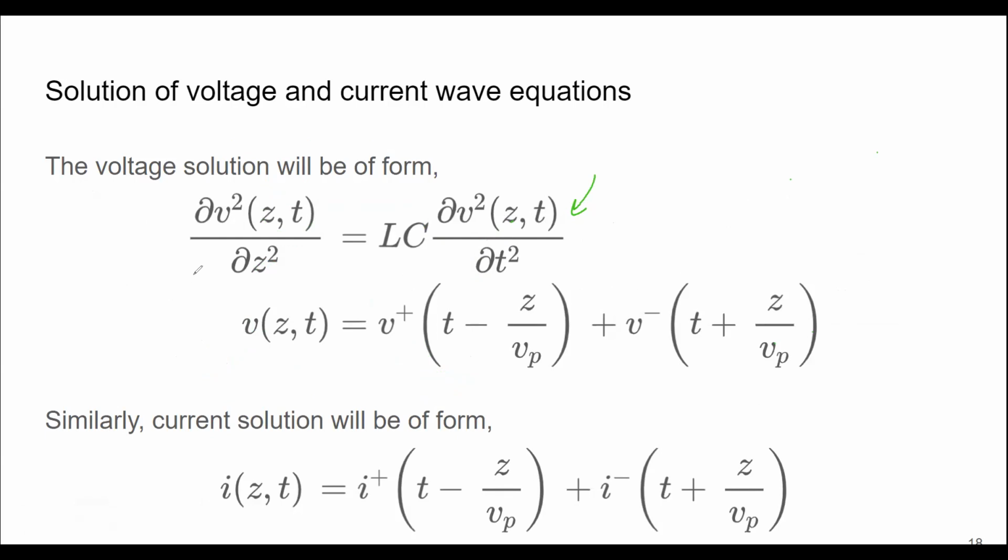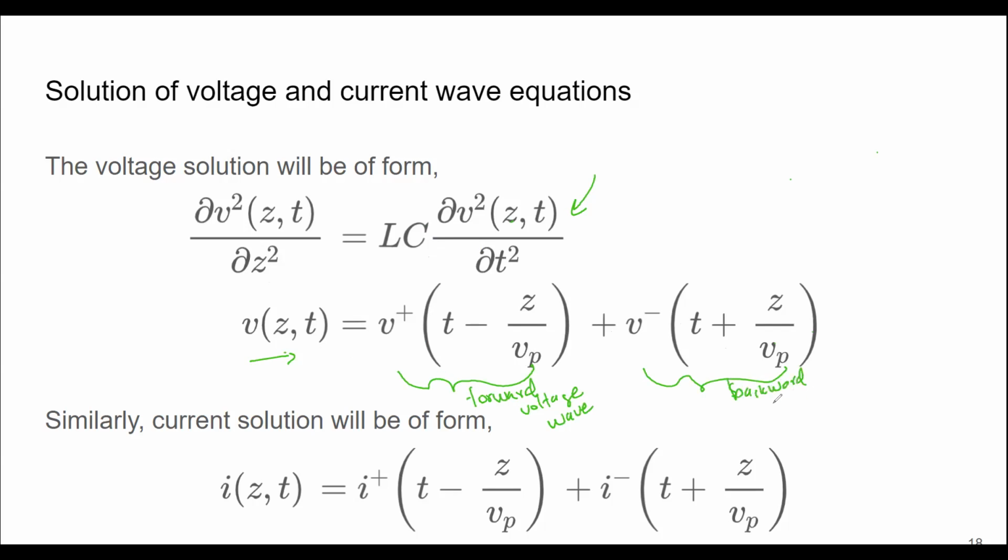And the solution for this type of voltage wave equation is in the form of this expression. There are two terms in this expression. The first term is the forward voltage wave. The second one is the backward voltage wave, right?